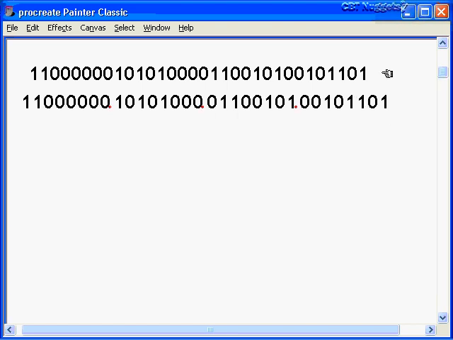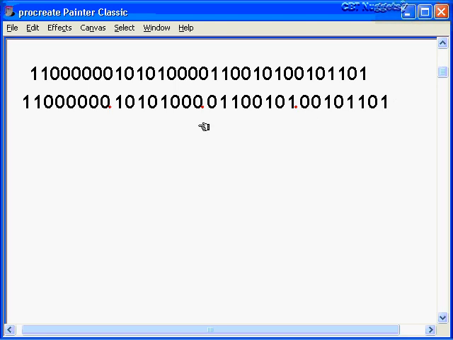Now, the first step in creating a readable IP address is to separate these 32 bits, this string of zeros and ones, into what we call octets. So we use a dotted decimal here, this little red dot, to create 1, 2, 3, 4 octets. Now, an octet is basically just a group of 8.